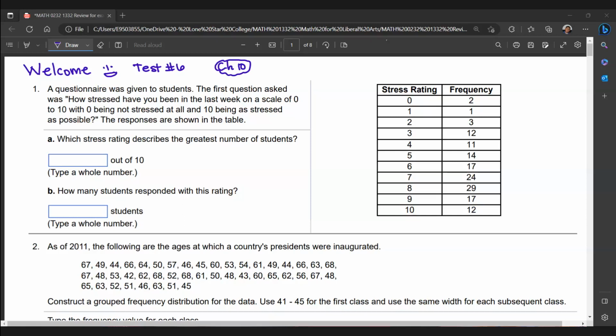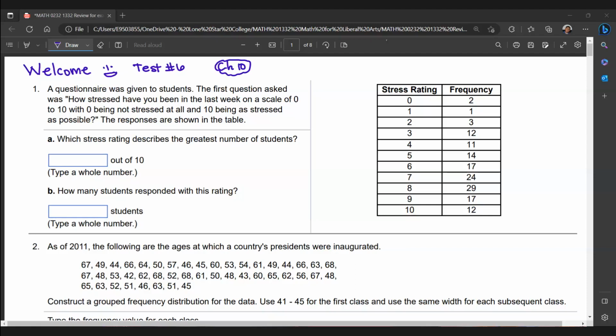According to what I'm noticing in this table, 2 participants rated their stress 0. 1 participant rated their stress 1. 3 participants rated their stress 2, and so on. 29 of them rated their stress 8, 17 rated 9, and 12 rated 10.